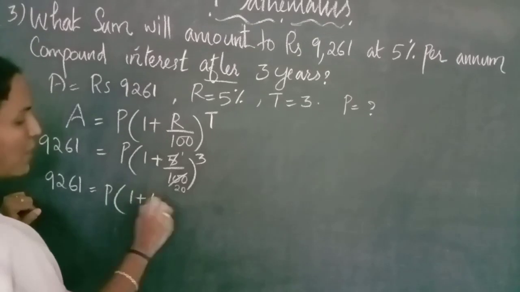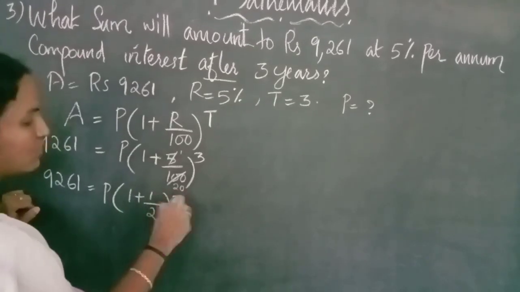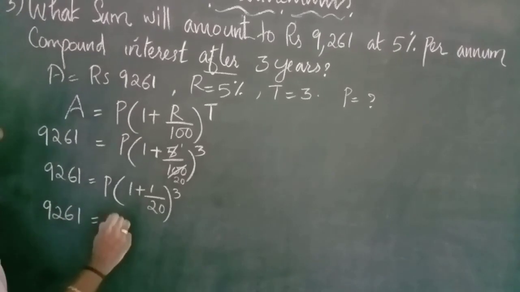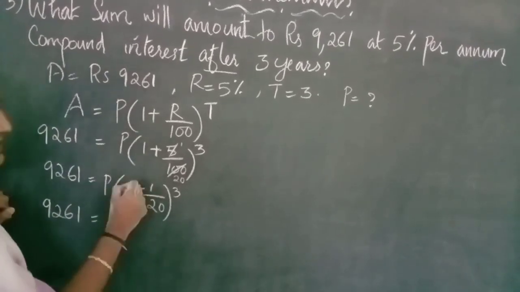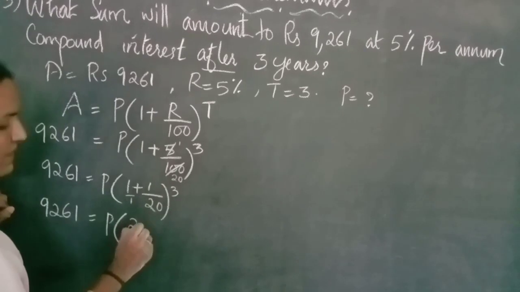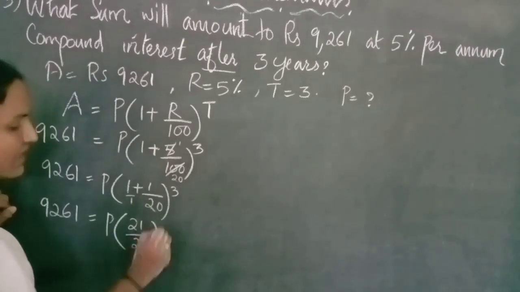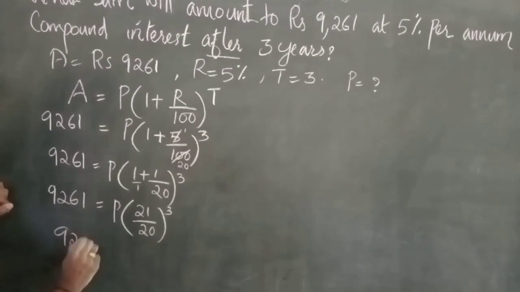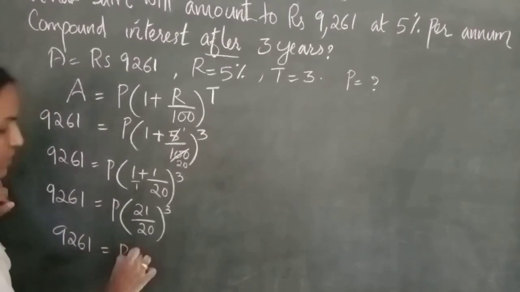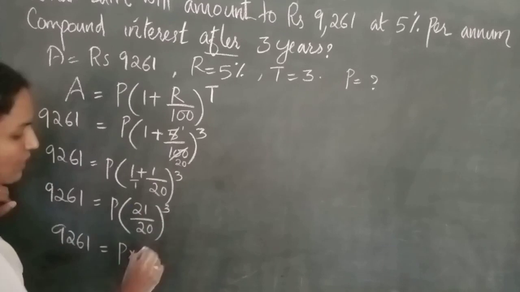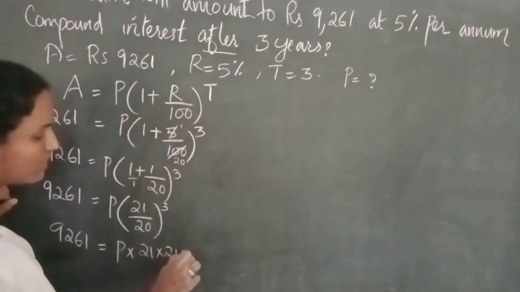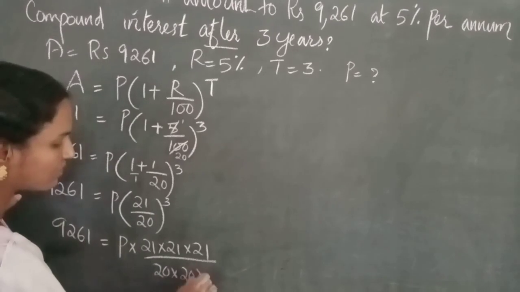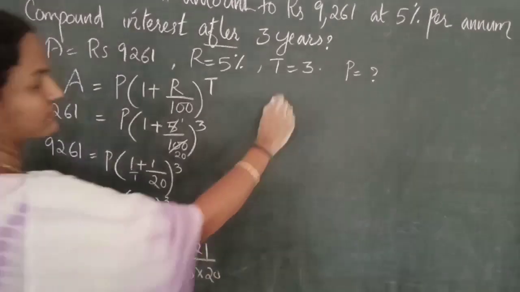So 1 plus 1 by 20 the whole cube. By applying cross, 20 plus 1, 21 by 20 the whole cube. So 9,261 is equal to P into 21 by 20 the whole cube, so 21 into 21 into 21 divided by 20 into 20 into 20.